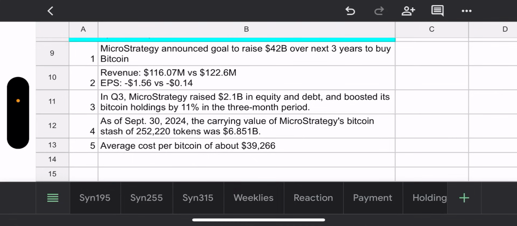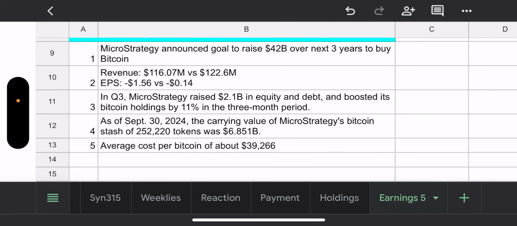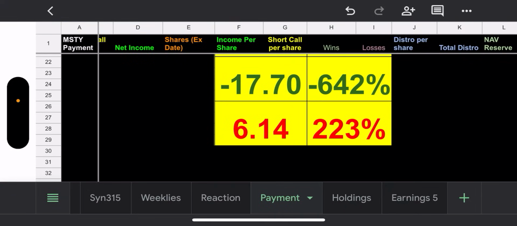So the only time I have to add new tabs is the synthetic. And I will probably hide these synthetics as we go on, just to not make this too much. Again, I don't want to be scrolling through tabs like I was before. But yeah, each ETF has a spreadsheet, and it's going to have a spreadsheet per year.